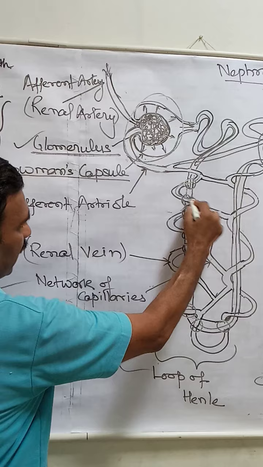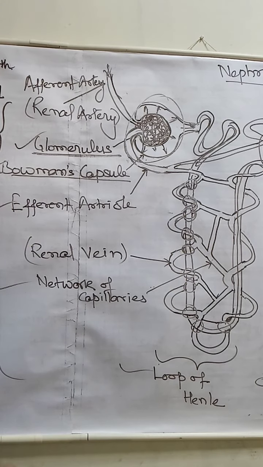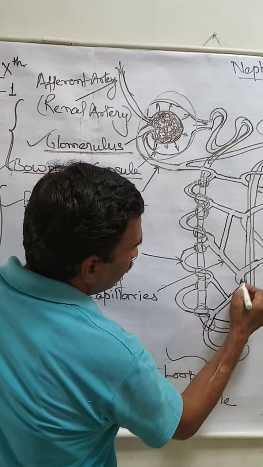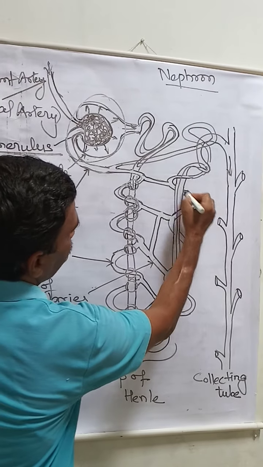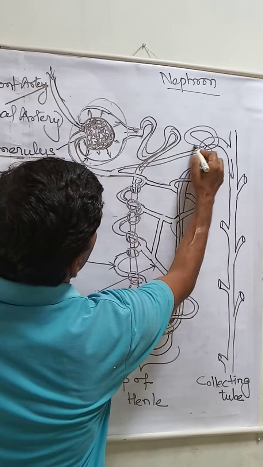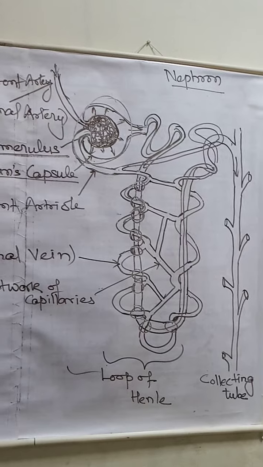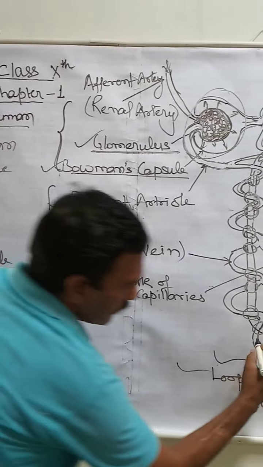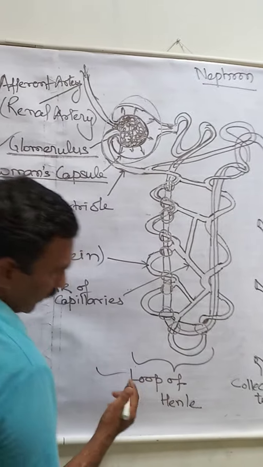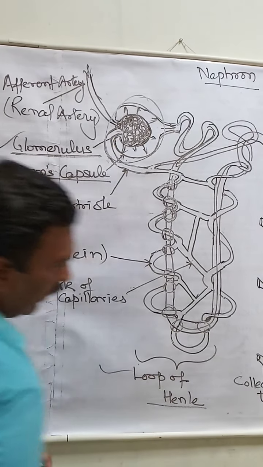At the site of contact, all the useful substances are again reabsorbed, and after reabsorption they are sent through this tube into the main blood vessel. This formation of coiling is called the loop of Henle.